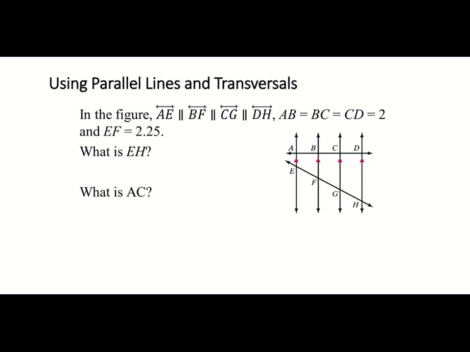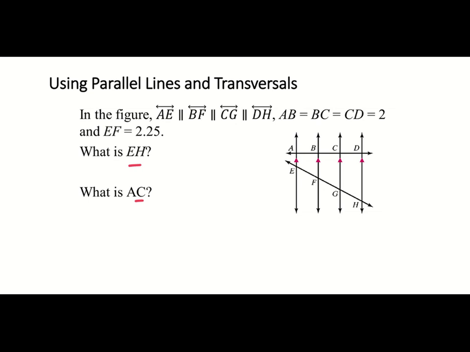Okay, so now what we're going to do is we're going to use parallel lines and transversals to figure out our measurements of EF and AC. So here we have in the figure AE is parallel to BF, and it's parallel to CG, and it's parallel to DH.